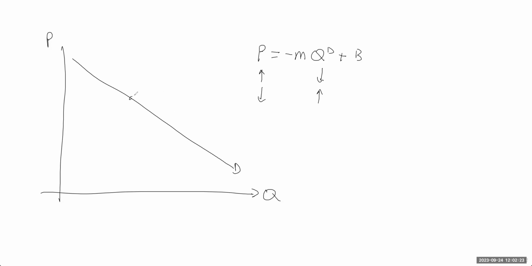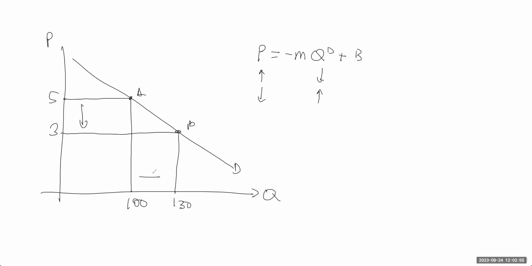They provide a relationship between the unit price and quantity. So if we're at point A, and we know the price is $5 a beer, and people want to drink 100 beers, and the price falls to like $3 a beer, we could use the formula or the curve to figure out exactly what the quantity demanded is. Let's say it's 130. We can use this curve to move up and down the demand curve to figure out the other variable.